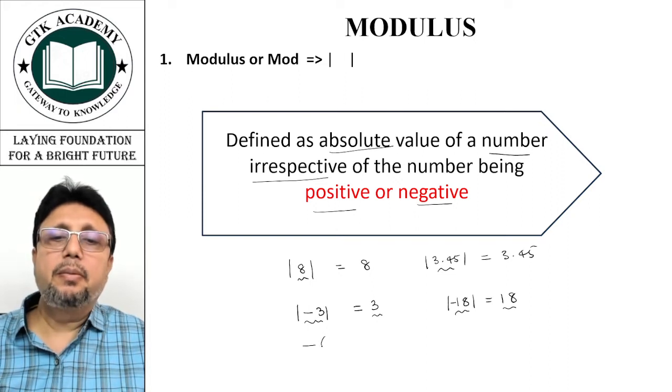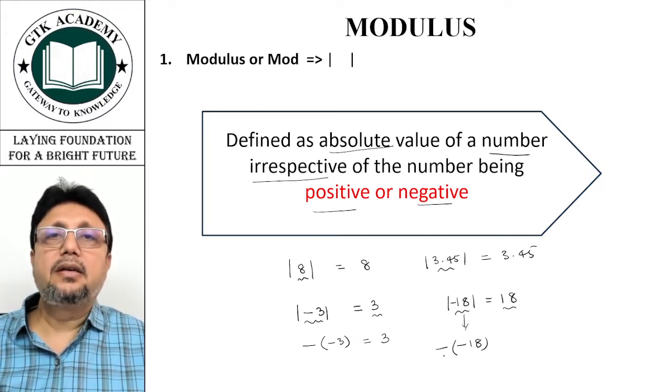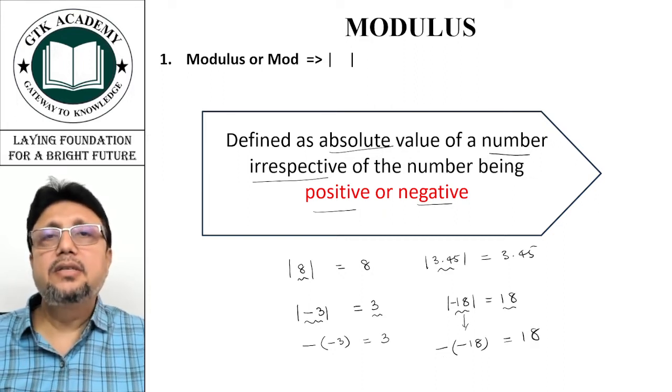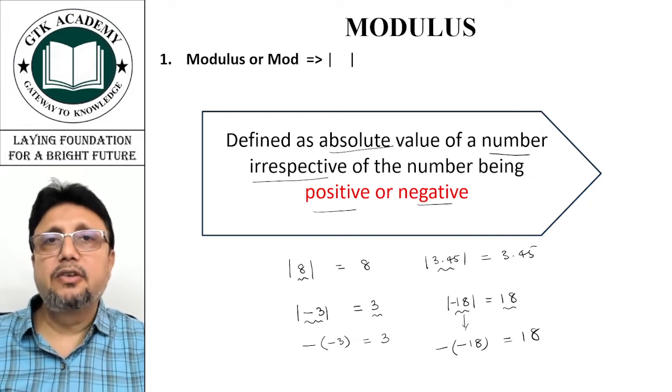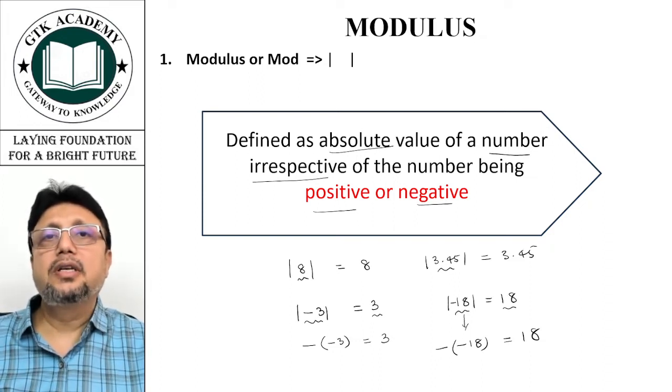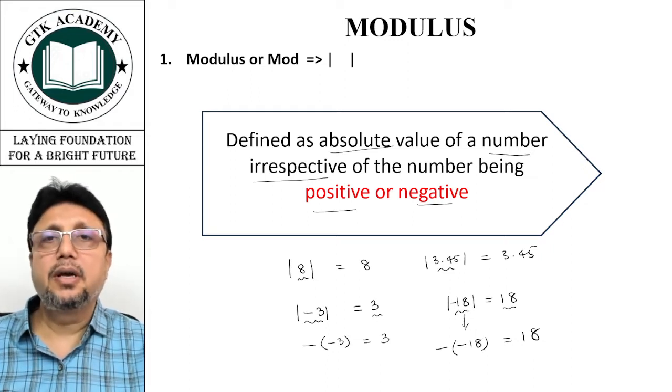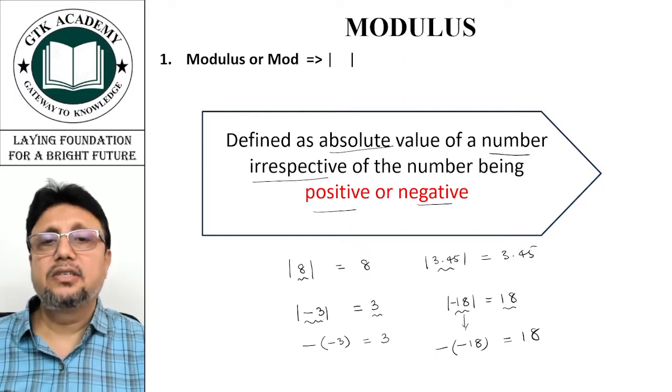Actually, we multiplied minus 3 by minus, then it becomes plus 3. Here the number was minus 18 and we multiplied it by minus so that it became 18. That means if the number is negative, we have to multiply it by minus sign so that it becomes positive. If the number is positive, it will be written as it is.